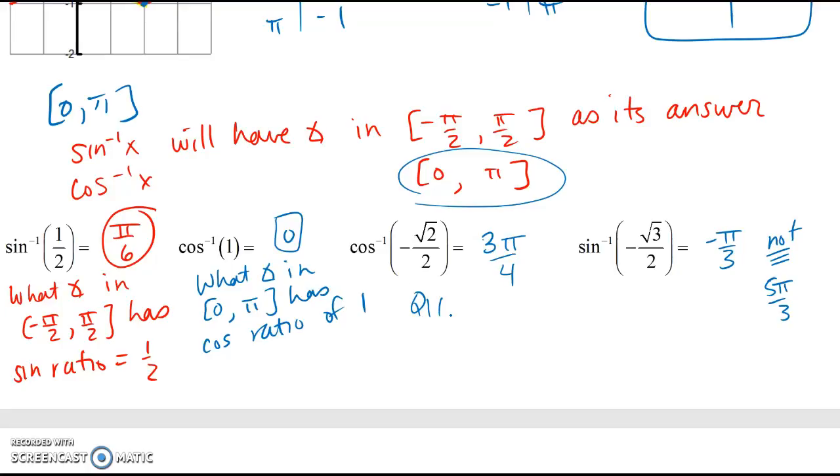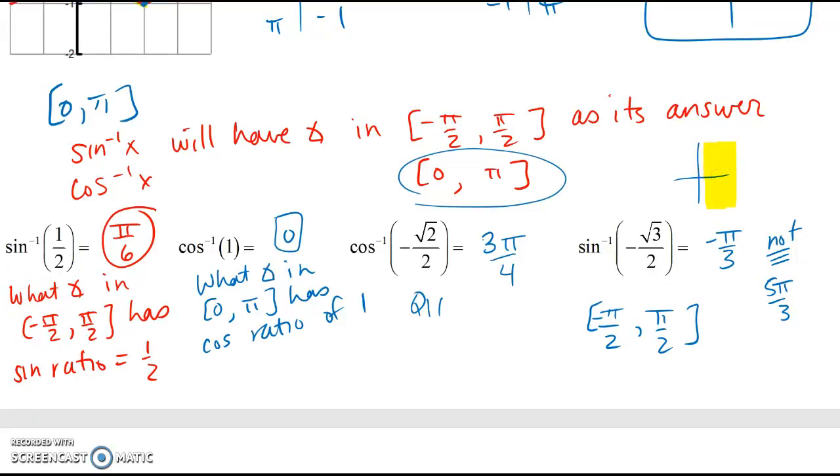Now the last one for sine is one that people frequently miss. Remember, we are looking for an angle, and that angle has to be in the values of -pi halves to pi halves. So visually, a lot of people often recognize that it needs to be the right side of the graph, and they recognize that it needs to be somewhere on this side of the graph.